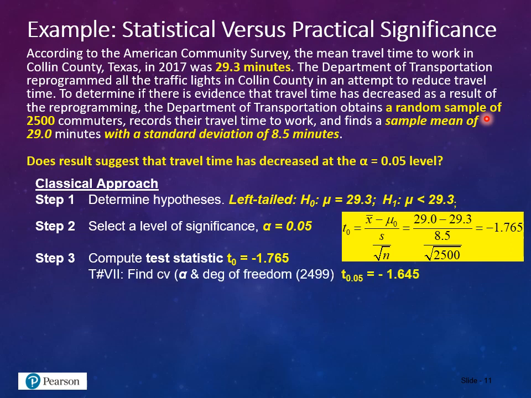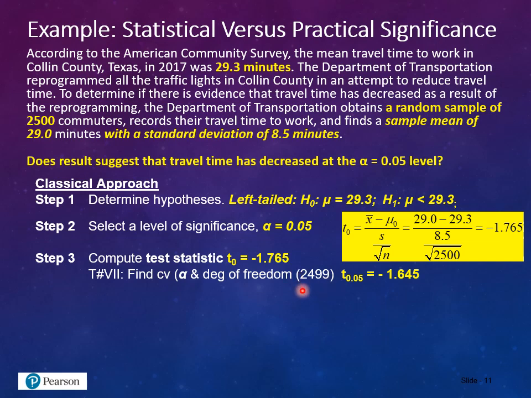Now, if we look at table 7 and find the critical value, with our alpha being 0.05, so that's our t sub alpha, t at 0.05, and our degrees of freedom is 2499. Well, when you go to table 7, you'll notice that the table doesn't go up to a degree of freedom of 2499.